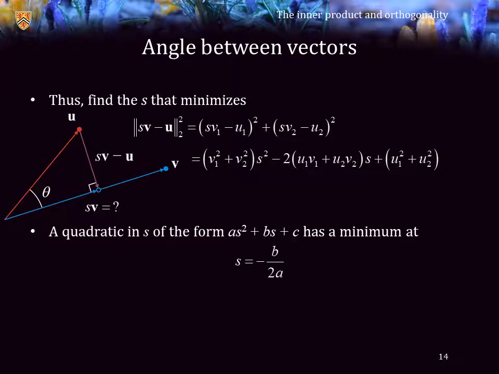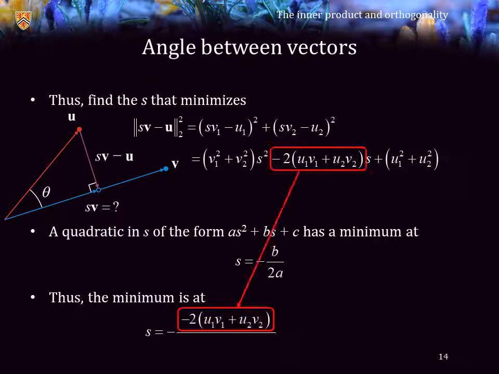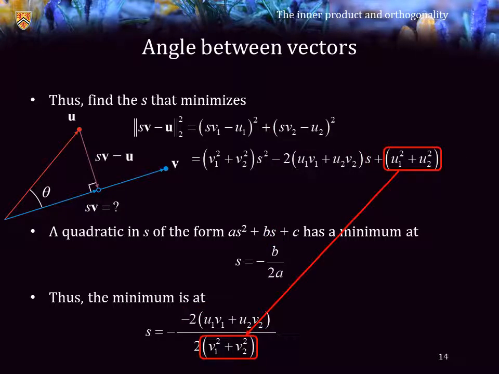From secondary school, you know that if I have a quadratic of the form a times s squared plus b times s plus c, that has a minimum when s is equal to negative b over 2a. So what is negative b over 2a in this case? Notice that the minus signs cancel and the 2's cancel, and so we're left with this expression here.